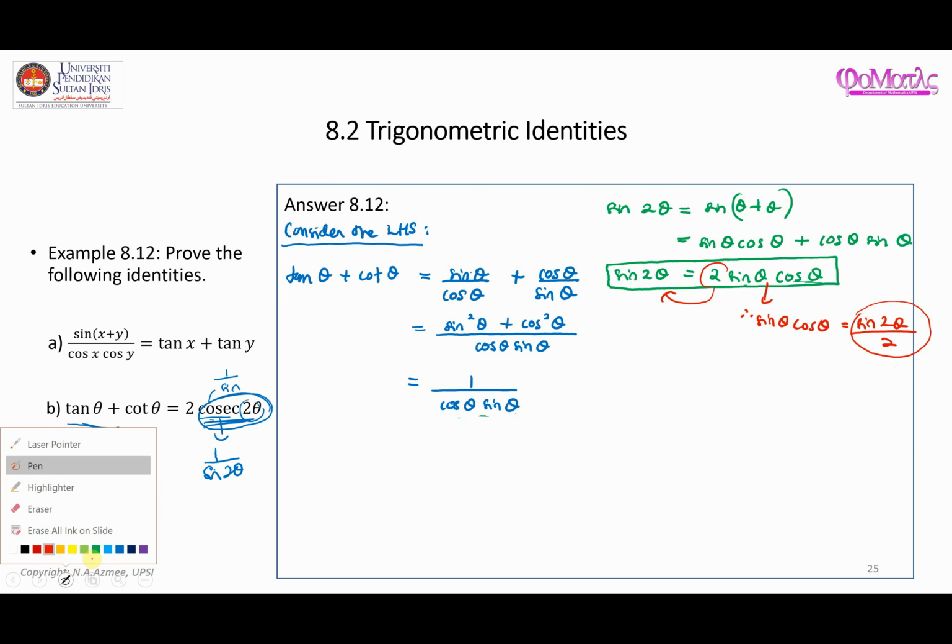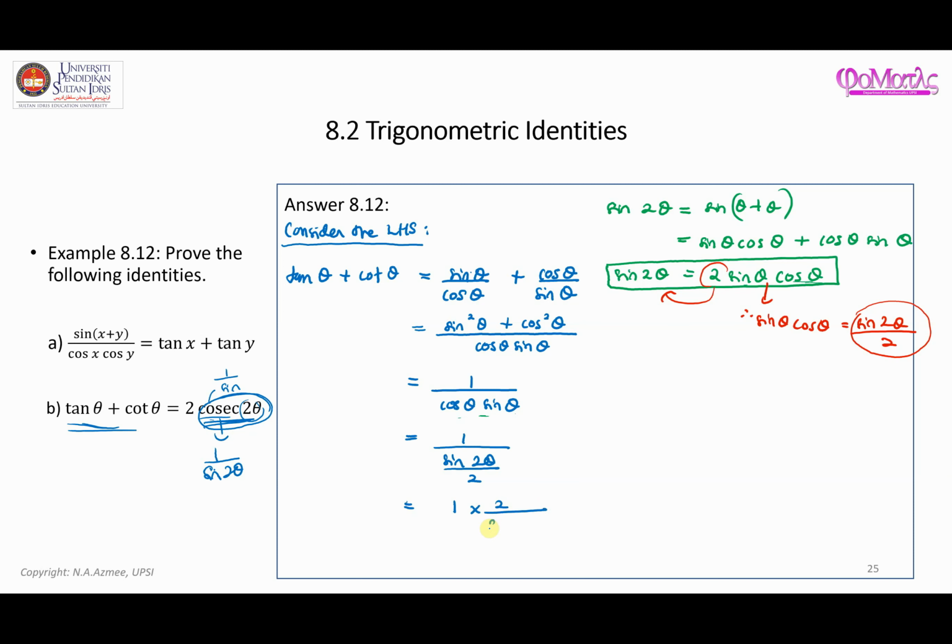So this is equal to 1 over sine 2 theta over 2, which can be simplified as 2 over sine 2 theta. It's the same thing, I'm just changing the position of 2 and 1. And we know that 1 over sine is cosecant. So therefore it becomes 2 cosecant of 2 theta.